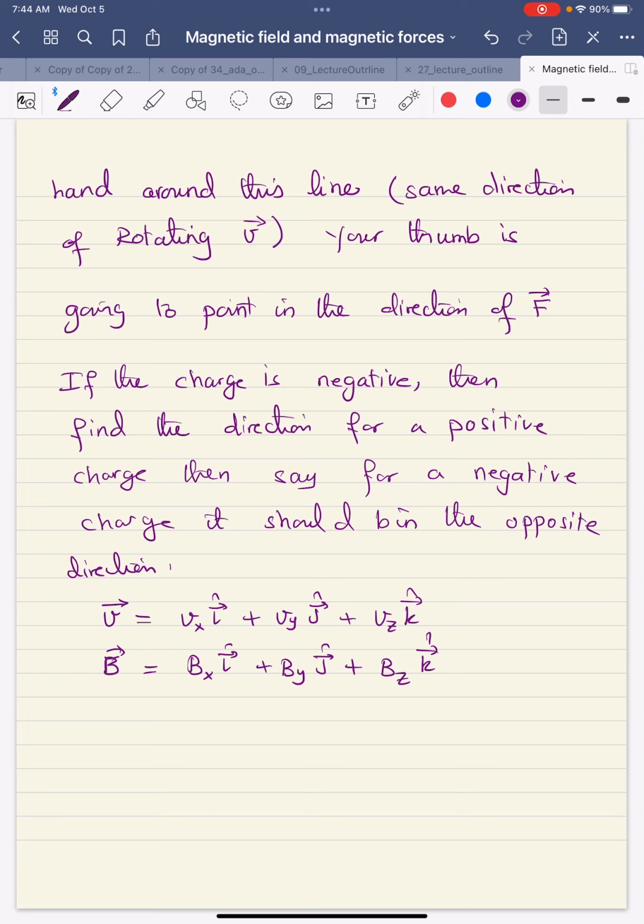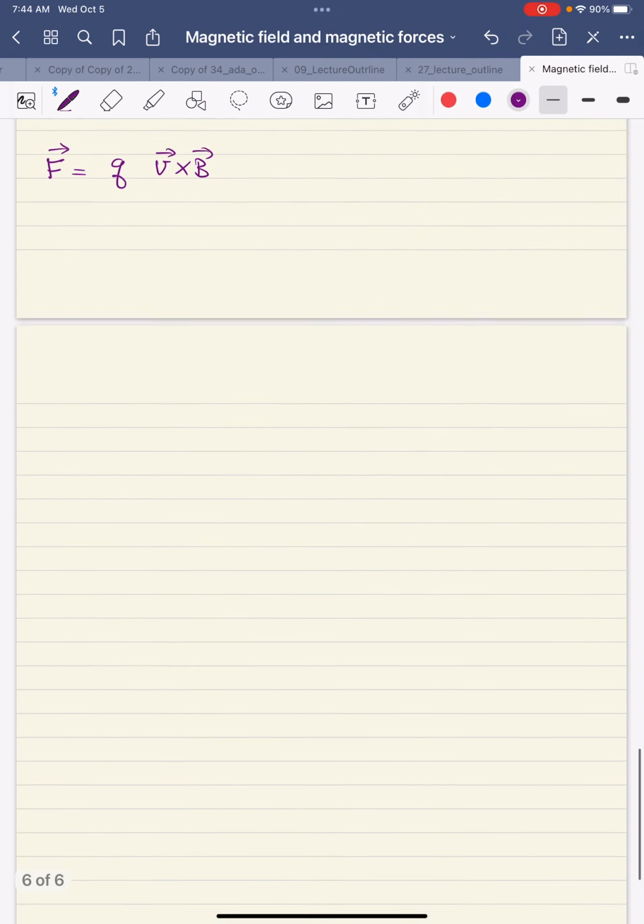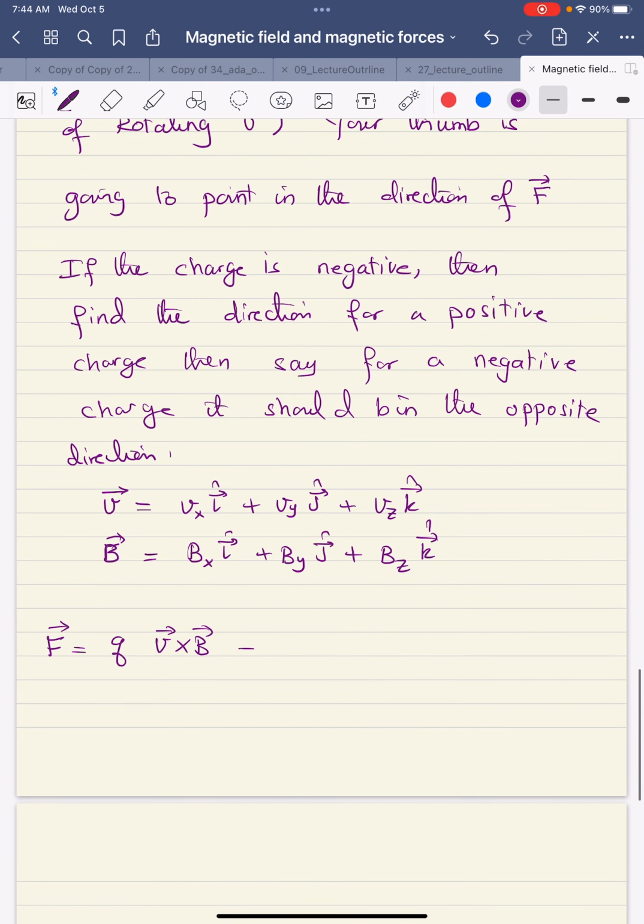Then now, if I want to calculate the force, it's Q V cross B. Remember, V cross B is different from B cross V. Okay, and here we can use the determinant, which is here i, j, k, and then Vx, Vy, Vz, and here Bx, By, Bz.